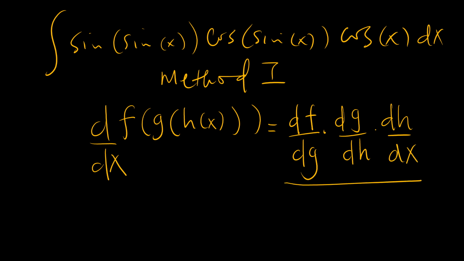This is how you would be able to differentiate it. Looking at our problem here, this is exactly what is happening. Our dh/dx here corresponds to cosine x. Therefore, integrating cosine x, our h of x is going to be sine x.